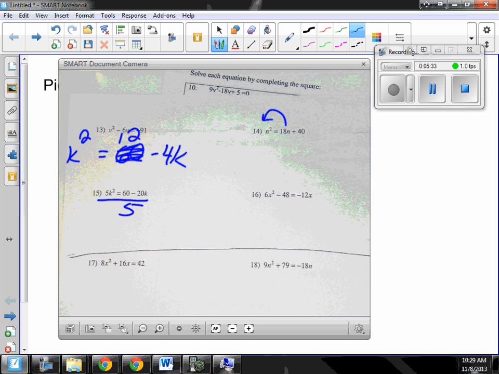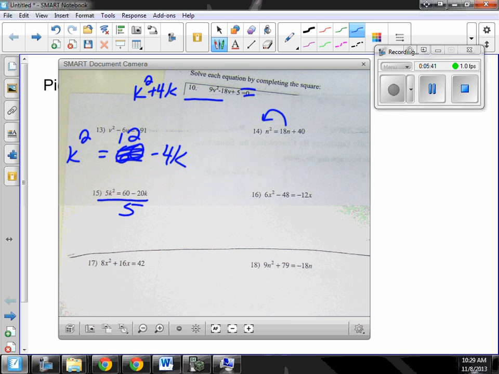I need to move the 4k to the other side. So it will be k squared plus 4k, and then I leave a space, equals 12. And then you can just solve that like the others. Yeah, so you need your squared term and your regular variable term on the same side, and you want the constant on the other side. Okay?